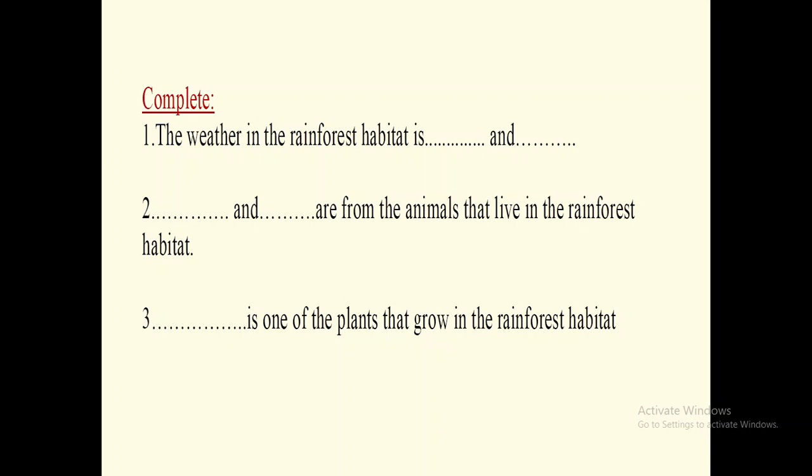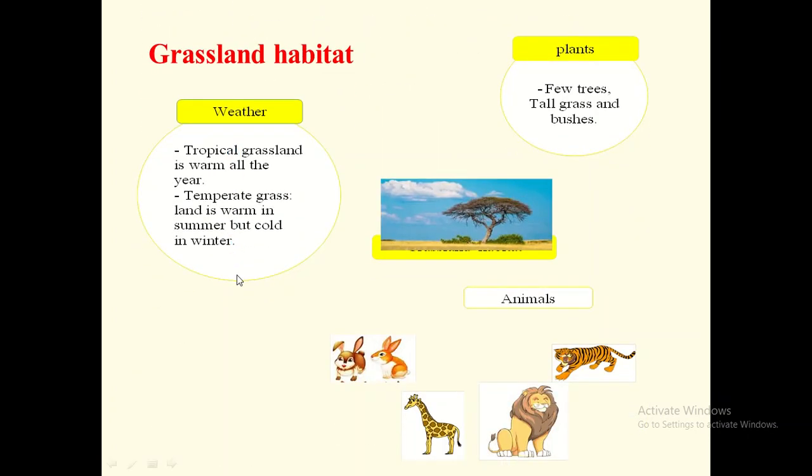Very good. Frogs and snakes. Number 3 is one of the plants that grow in the rainforest habitat. Very good. Tall trees or ground plants with large leaves to capture the sunlight.